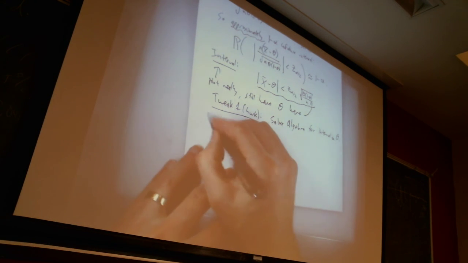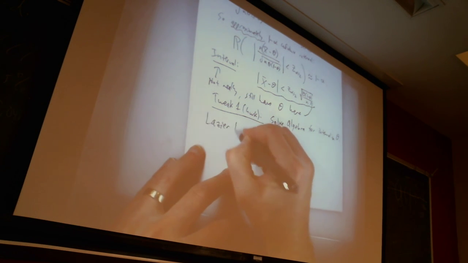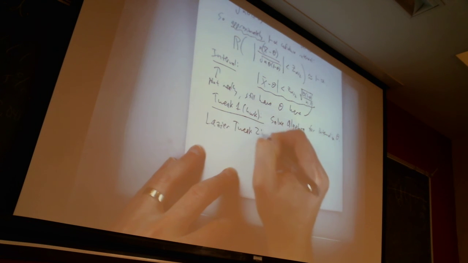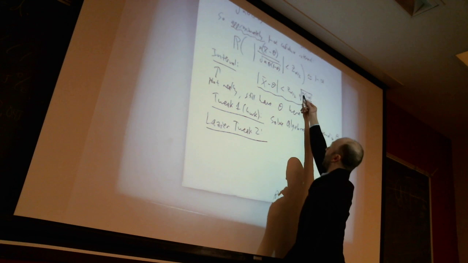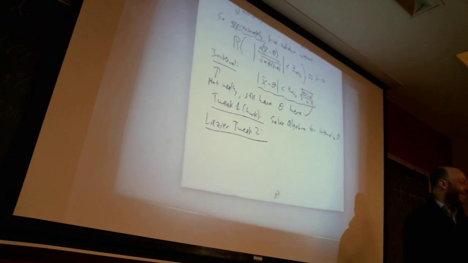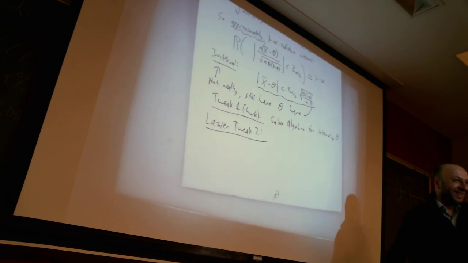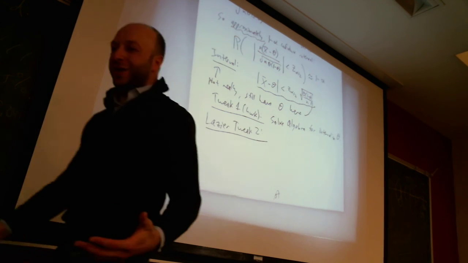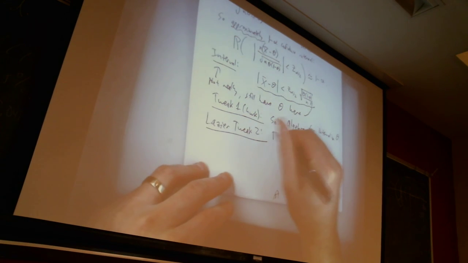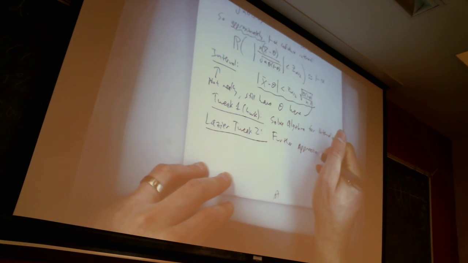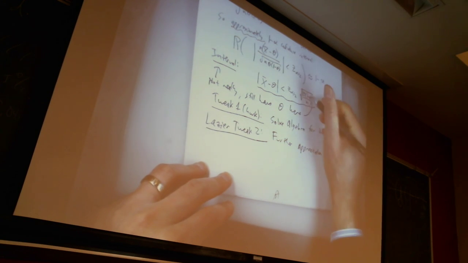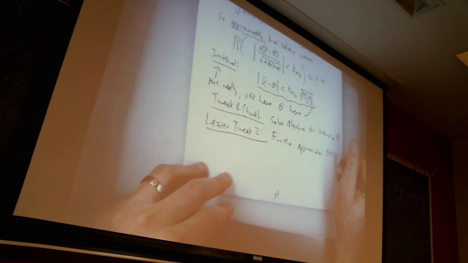The lazier tweak: well, do I have a guess for what theta is? X bar. So do a further approximation, which is that these thetas I'll replace by X bar.